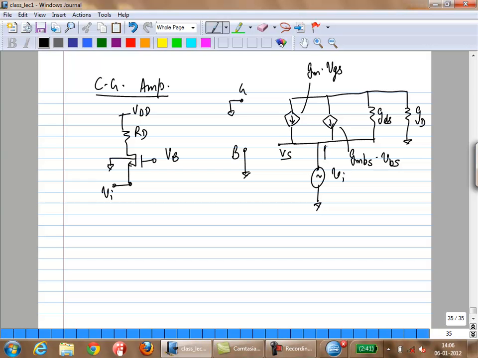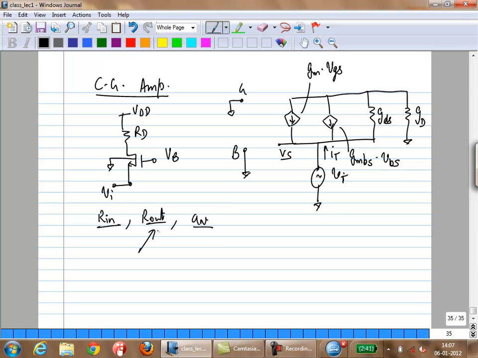So let's assume that a current IT flows out of VI. The reason we'll call it IT is we're going to assume it's a test current, and let's call this VT. First of all, we want to find out Rin, we want to find out Rout, and we want to find out gain, these three parameters. There's no specific order.